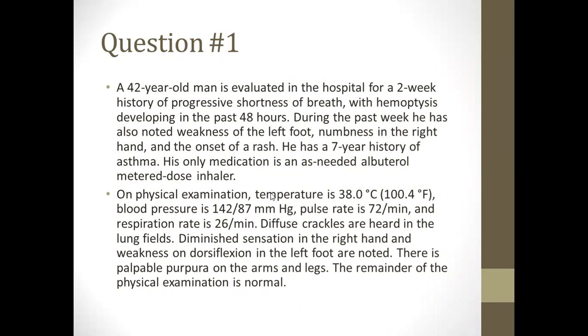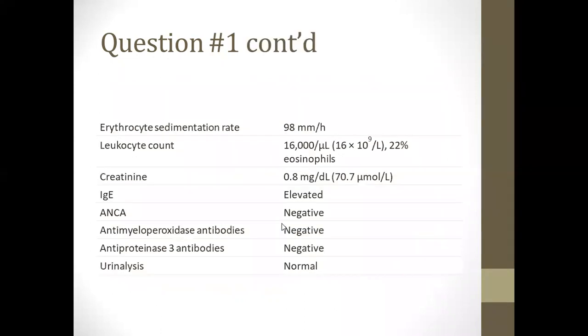On physical exam, temp is 100.4, blood pressure 142/87, pulse 72, respiration is 26. He has diffuse crackles in the lung fields, diminished sensation in the right hand, weakness on dorsiflexion in the left foot, and palpable purpura. The remainder of the physical exam is normal.